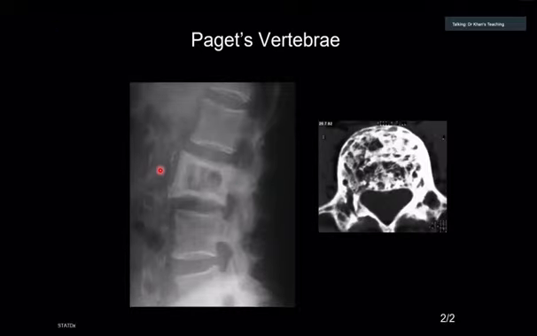This sclerosis and this sclerosis, there is nothing else in the world which can cause this. There can be sclerosis here and here, but not here and here. So this is picture frame vertebra, as in Paget's disease. Paget's disease can also involve the posterior elements, by the way. This is the coarse trabecular pattern on a CT scan.